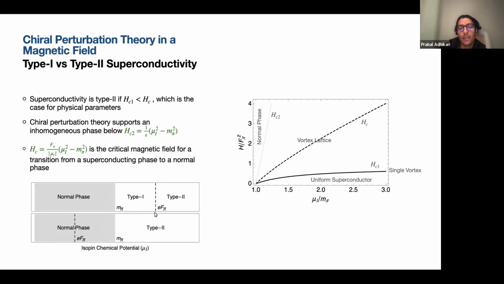If EF pi, on the other hand, is below m pi, then you're in the normal phase, so there's no superfluid you can convert into a type 1 superconductor. So you're basically left with a type 2 superconductor for that reason. And if I manage to confuse anyone, please let me know, and I'm happy to indulge your questions, which might even help me think through what I actually intended to say.